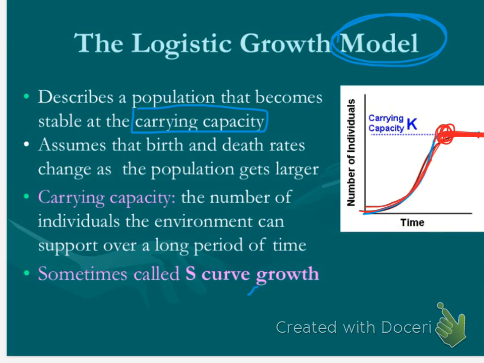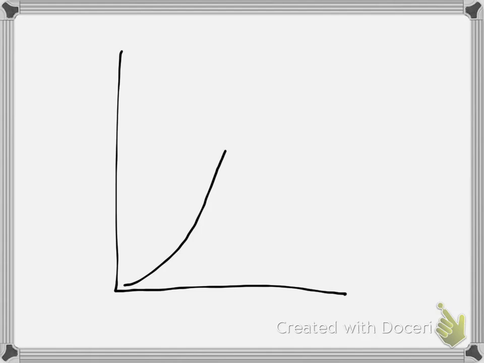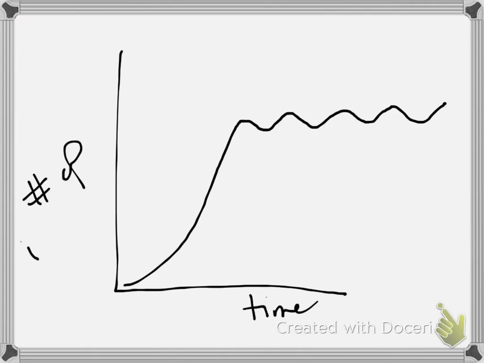Okay, so this carrying capacity, how do you tell when a population's at carrying capacity? Well, if you see a population graph that looks something like that. So this is time, this is number of individuals.